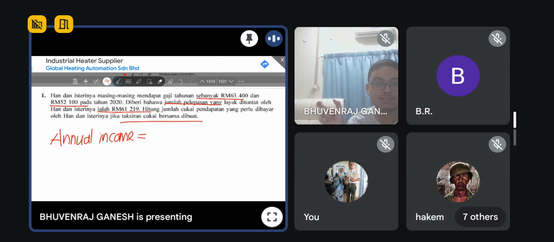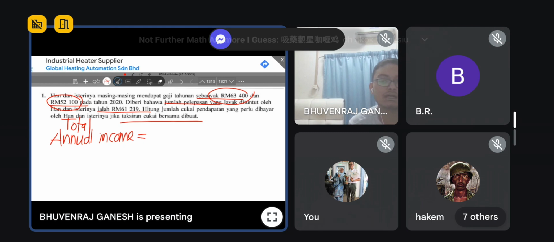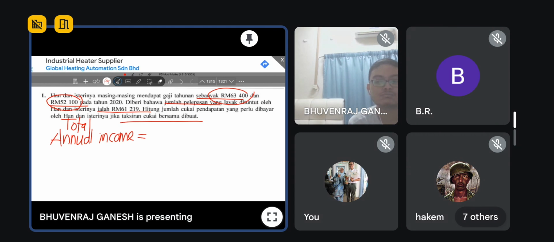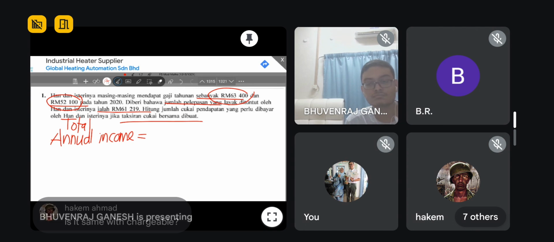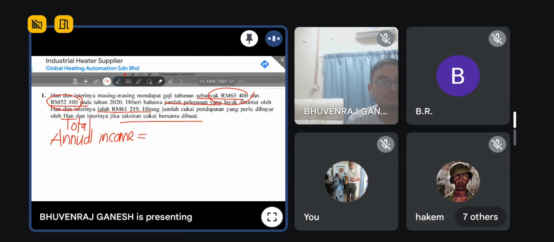This one is just to check whether you follow the lesson or not. Okay, this one is total annual income. So this one is the income for the husband. This one is the income for the wife. So I want to find total annual income. So what will be the answer? No, not the same.